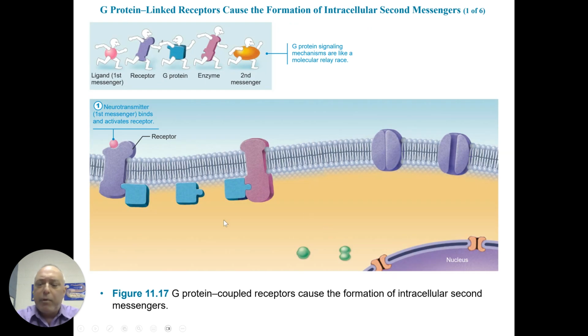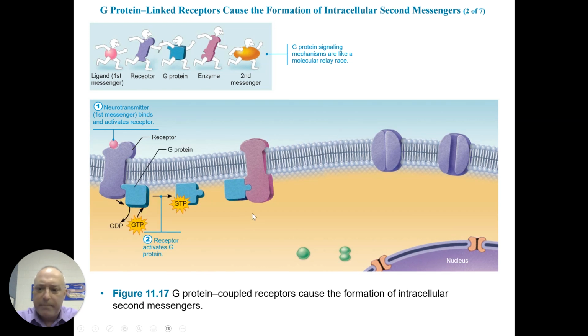There are also G protein linked receptors, and this is part of an intracellular secondary messenger system. G proteins bind GTP, cause intracellular second messengers, which allow for amplification. So this is after neurotransmitter binds. There can be different ways of amplifying the signal through G proteins.